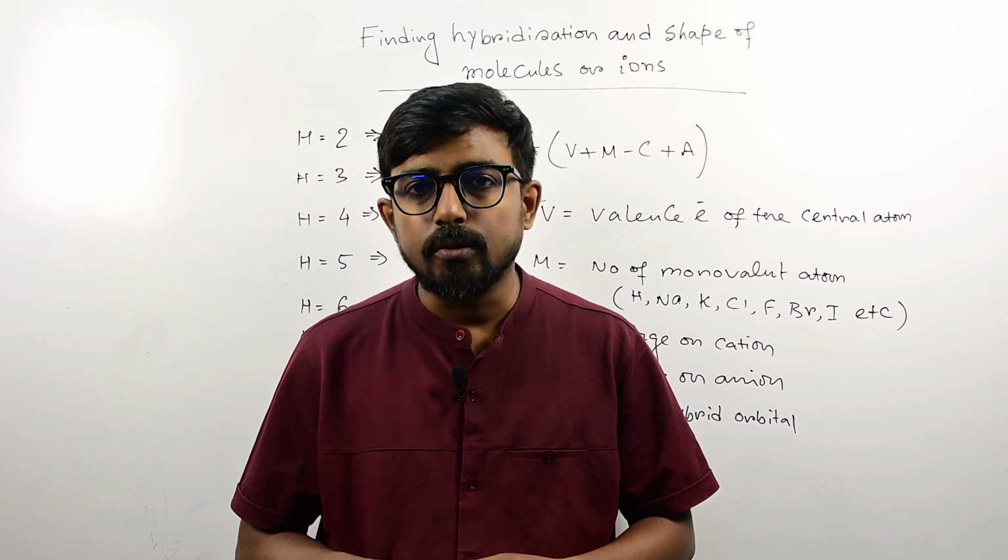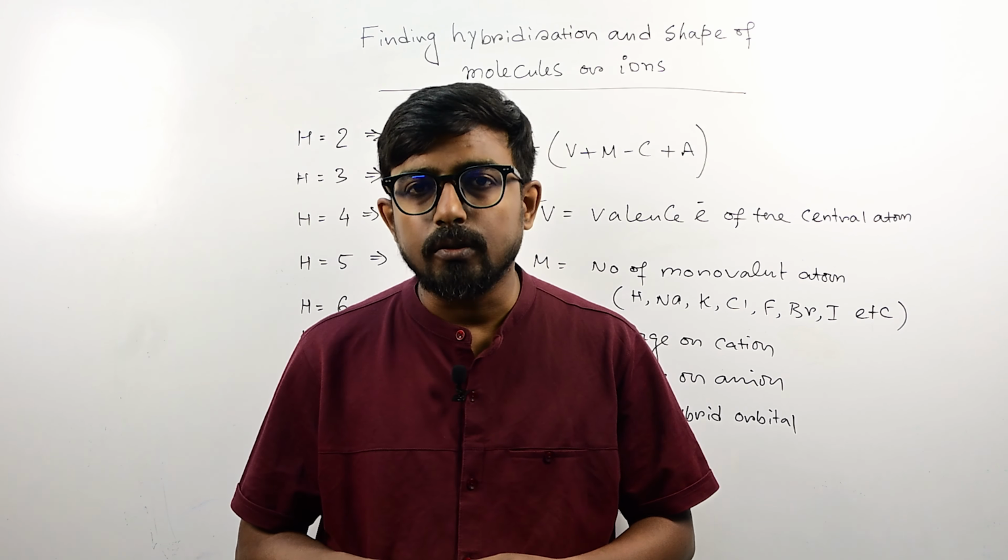Next will be number 6, PCl5. So H equals half. What is the electronic configuration of phosphorus? It is 2,8,5.